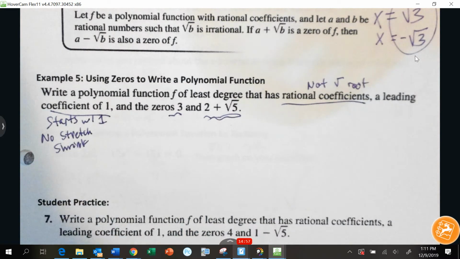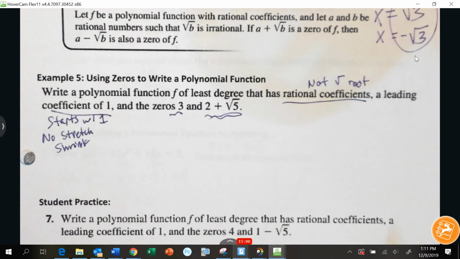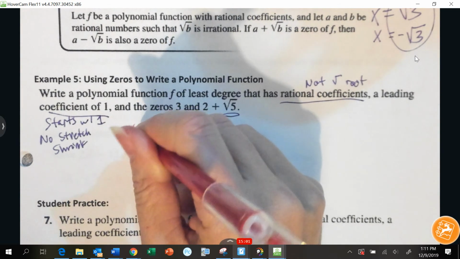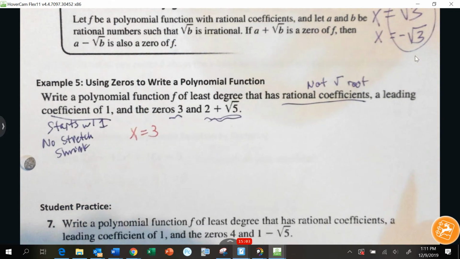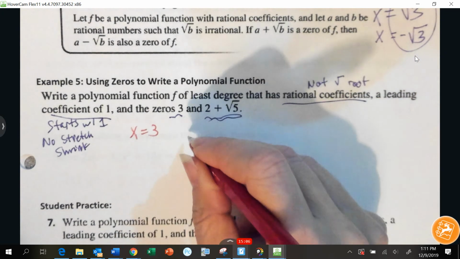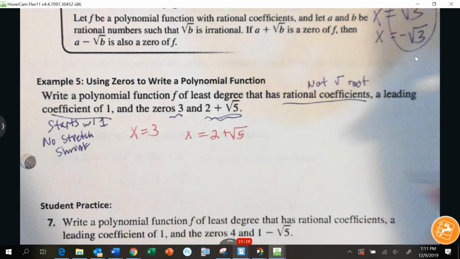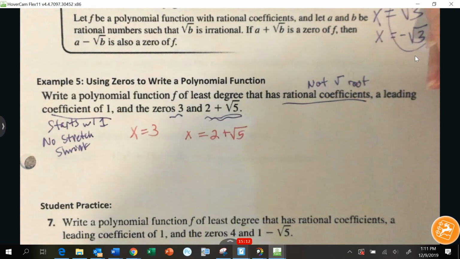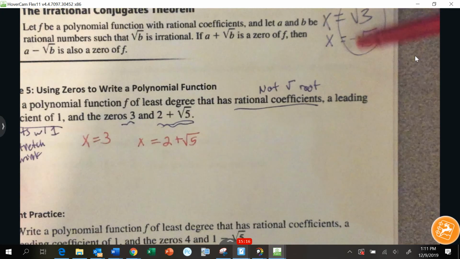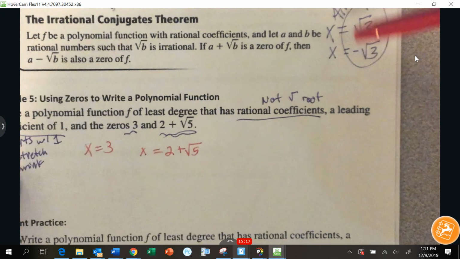That means x equals 3 is a zero. That means x equals 2 plus radical 5 is another zero. But according to this theorem that I just went over, you can't have one square root without its friend.